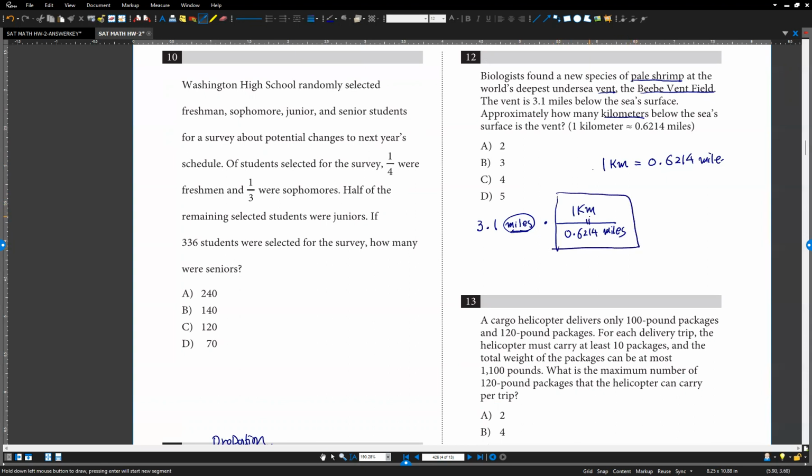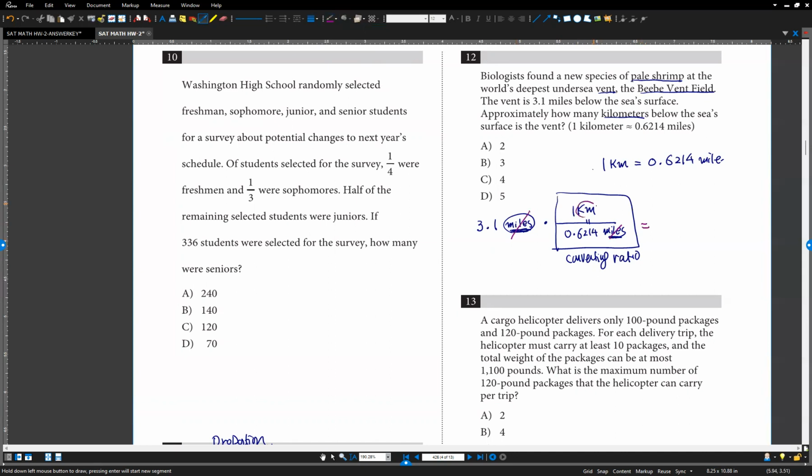They are equal, right? 1 kilometer equals 0.6214. That's the converting ratio. You multiply by this one. You make sure the bottom is a mile, okay? At this time, the mile unit cancels out.